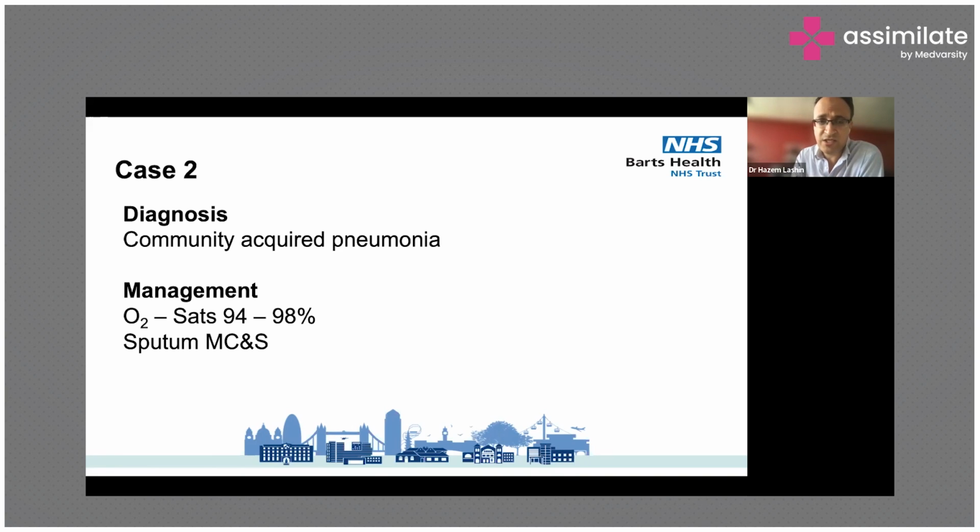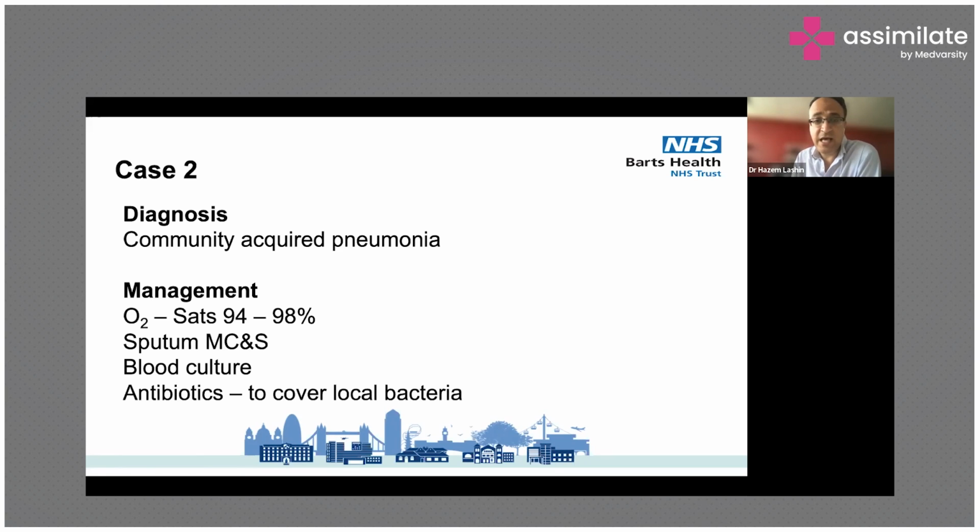Before we get the antibiotics, ideally, we should get a sputum sample for culture sensitivity. If the patient has got a fever, like our patient here, 39 degrees, then I would also obtain samples for blood culture, and antibiotics is the right answer. Ideally, this patient should receive antibiotics within the first hour of presentation to healthcare.